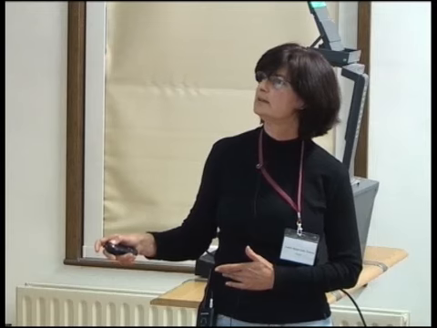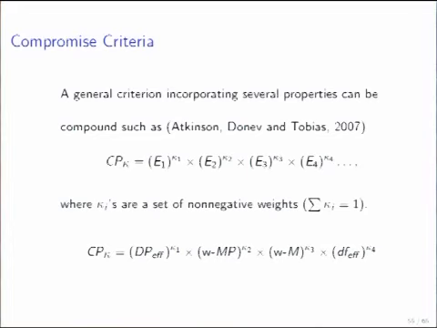So, for example, if we want a good design for pure error, and we are interested in global F-tests or joint confidence region, we use 1 here and 0 for all the others.